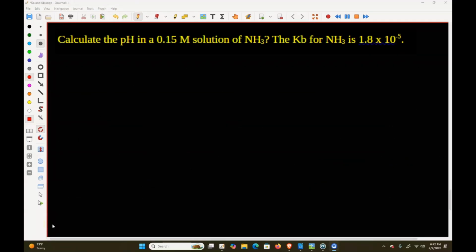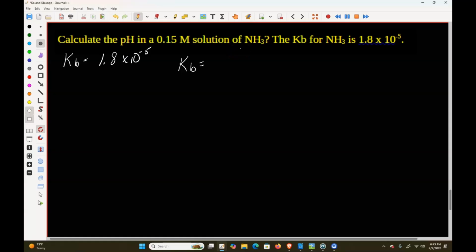Okay, so we're calculating the pH of a 0.15 molar solution of ammonia. And we're given a Kb value. So Kb, since this is a base, just like Ka, Kb will be the products over the reactants.